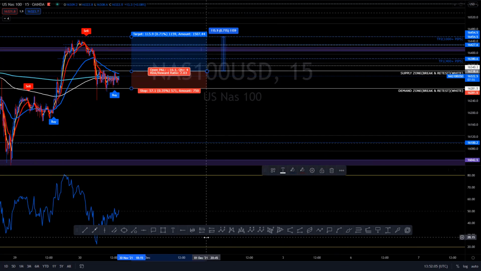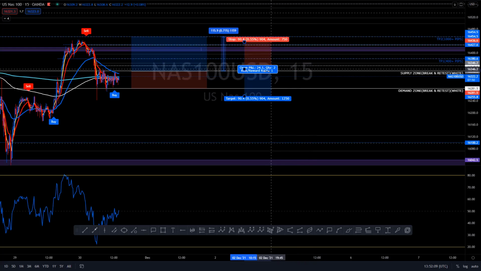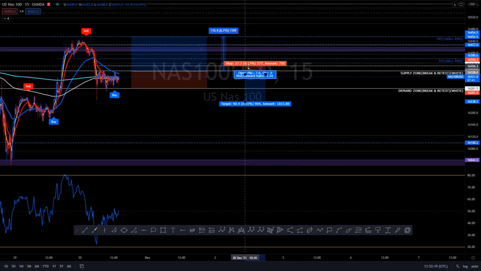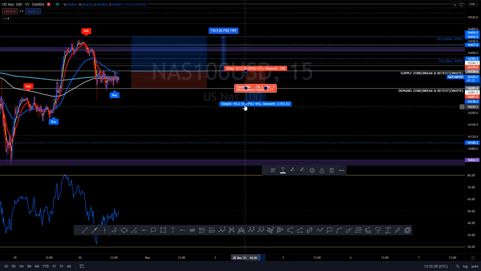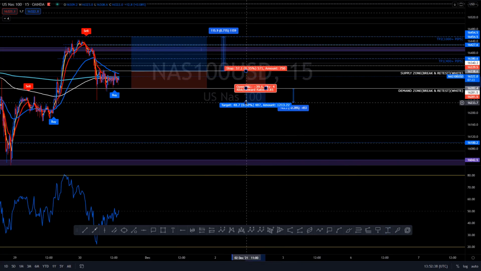So now I'm going to set for the sell. All the way down to here. So this is going to be my entry price. All right. So I want to get at least 200 pips in NAS. So we can just make this the first take profit.